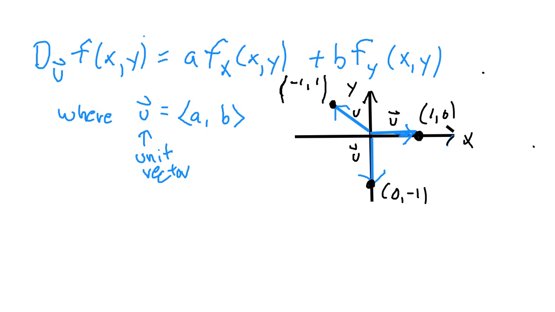Could our unit vector be -1, 1? Is that allowable? Well, does the vector u point in the direction of -1, 1? Does it look like it points in the direction of -1, 1?